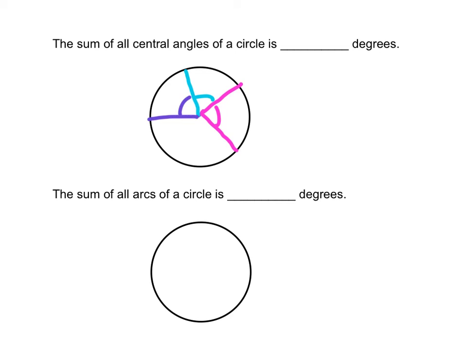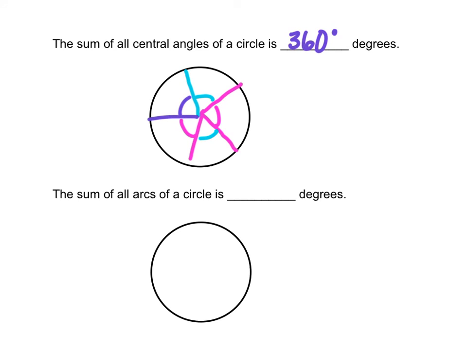I'm just drawing really any of these. Here's another one, and then we've got that last one. You can see if you were to add up all of these angles, even as I'm drawing around, it's forming a full circle. So that's an easy way to remember that the sum of all the central angles of a circle is 360 degrees.